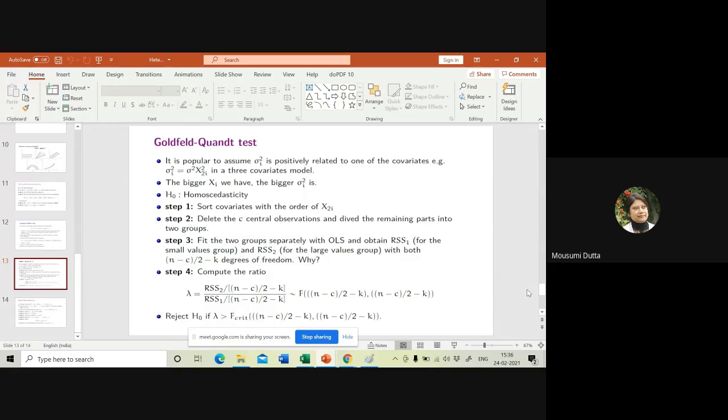Then the test procedure is as follows. Number 1, reorder the observations in the increasing sequence of xij.